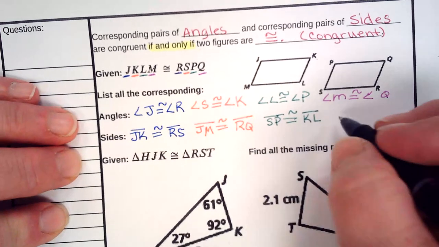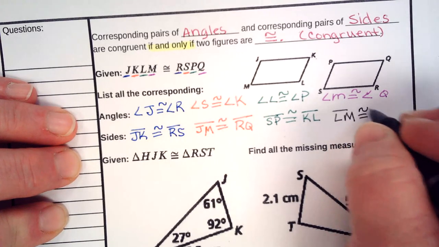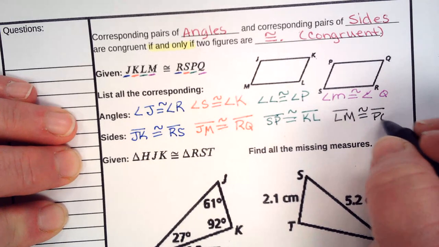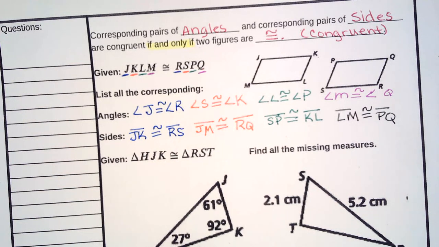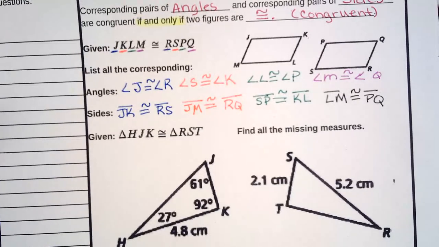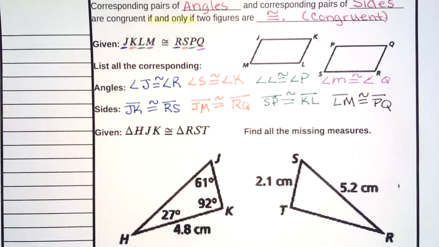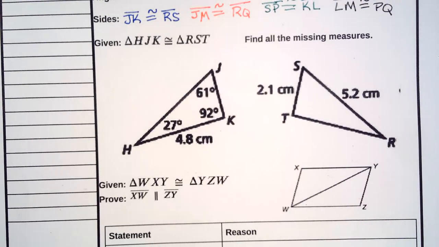So LM is congruent to PQ. So we know that when we're looking at the congruent statement, whatever is in the same position is going to be congruent.